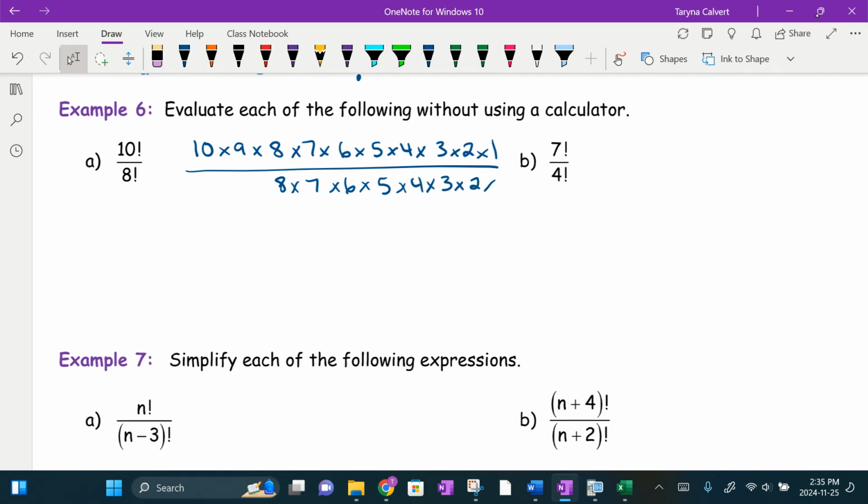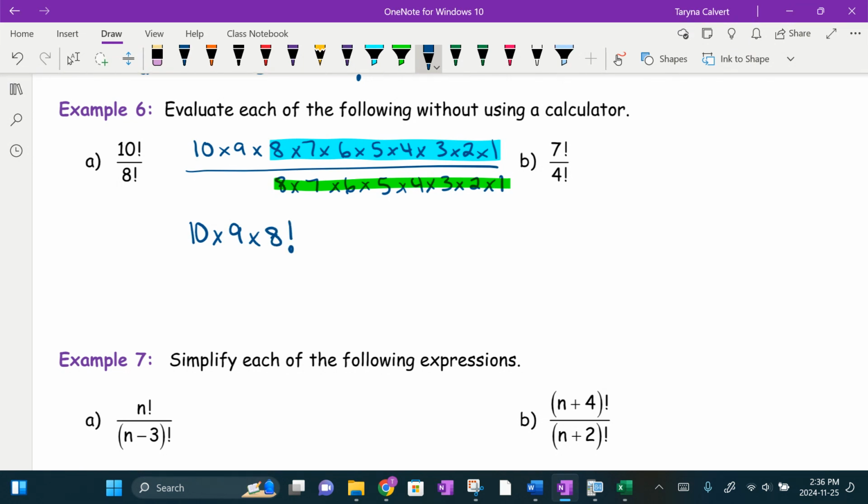Do you agree that this is equivalent? Can I divide that out with this? Can those just disappear to a 1? Can you all go 10 times 9 in your head? What is 10 times 9? Right, 90. I don't want you to expand it like that. I do it this first time just to show you. But technically, can I just do 10 times 9 and stop where the bottom is? Can I stop my factorial?